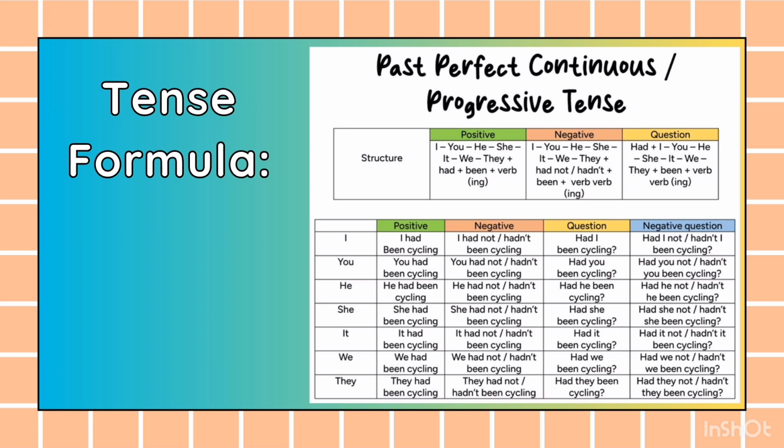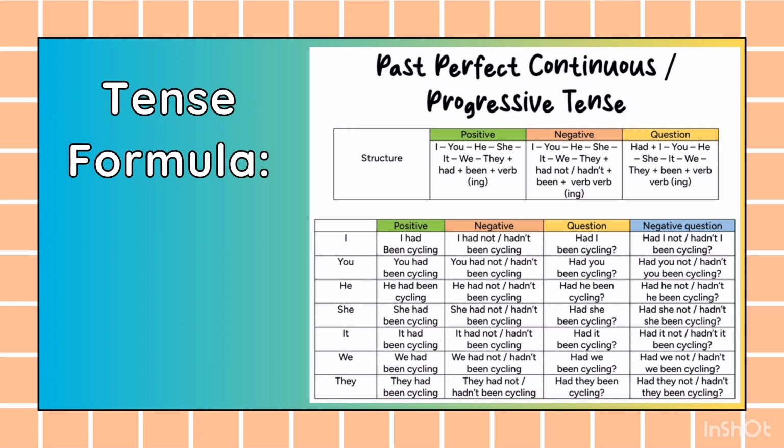The formula of the past perfect continuous has a specific structure. It starts with the subject, I, you, he, she, it, we, they, plus had, plus been, plus the verb in ing. In the negative form, you have the subject, plus had not or hadn't, the short form, plus been, plus the verb in ing.